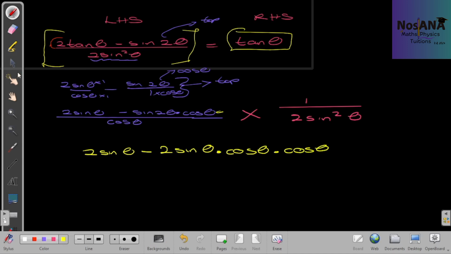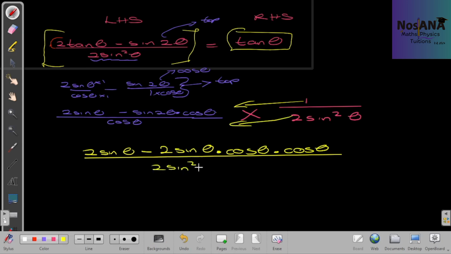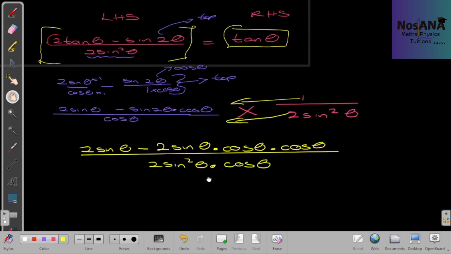Let me just erase this so that you don't get confused as to where that came from. Right, so that's what we have, and our fraction, we still have this as a base, but I'm going to bring that in because you can just multiply that there, and now you have to multiply that with that. So here I'm going to have what? I'm going to have 2 sine squared theta times cos theta like that.